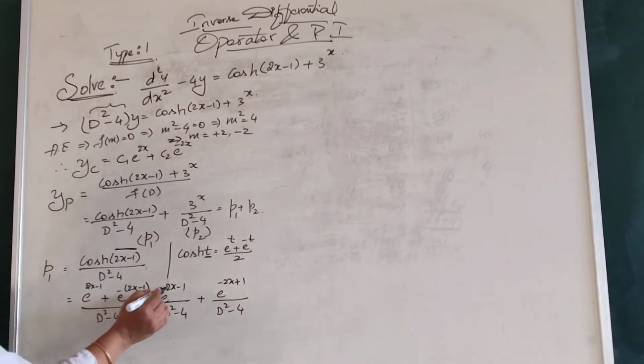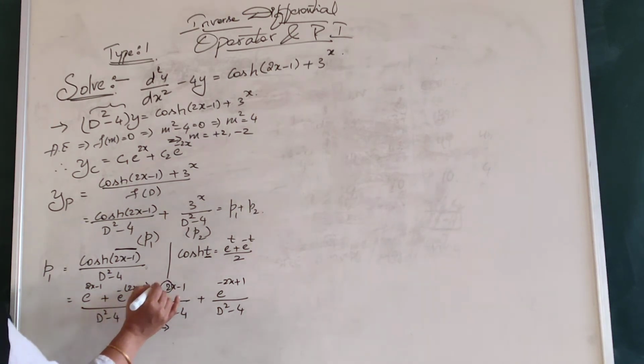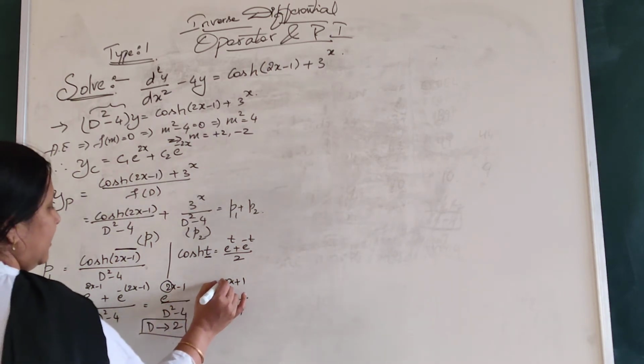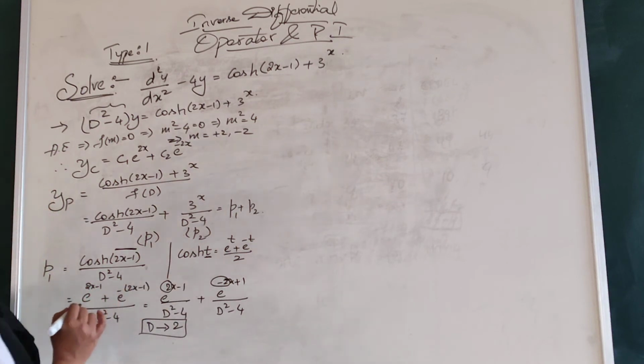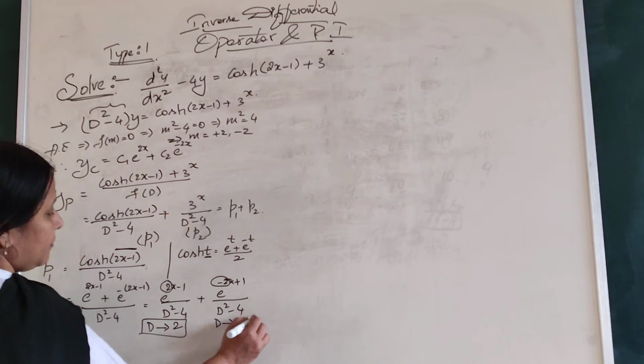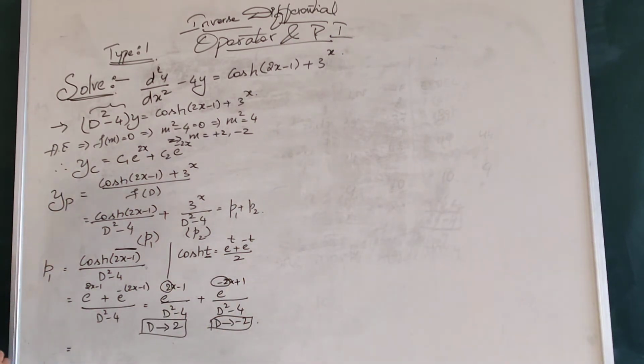Again in this case, this one we will apply, and a is minus 2 in this case, so b is supposed to be replaced by minus 2. Okay, so when I replace it by 2, e raised to 2x minus 1, the whole divided by d square will become 4 minus 4, which is going to be 0.